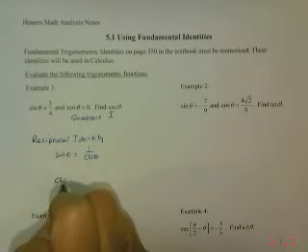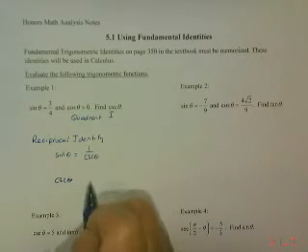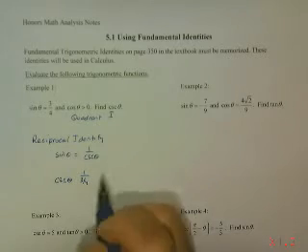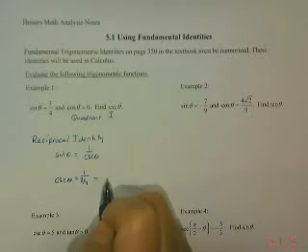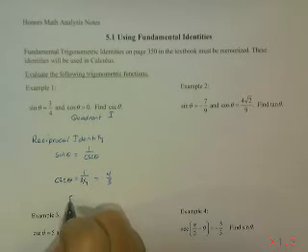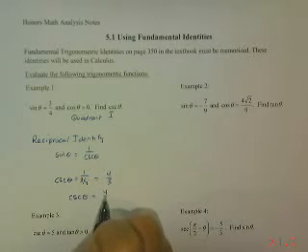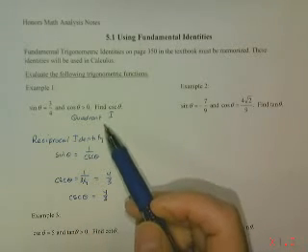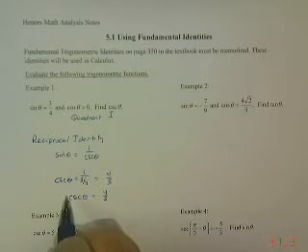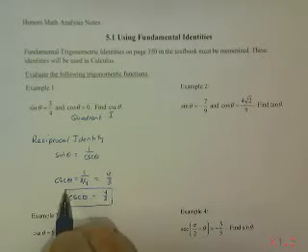So if I have 1 over 3/4, I'm going to take the reciprocal of 3/4 and say it is equal to 4/3. So cosecant of theta is equal to 4/3. I'm just going to go back up and look, and I said this is in quadrant 1. Cosecant is positive in quadrant 1, so that is the correct answer.